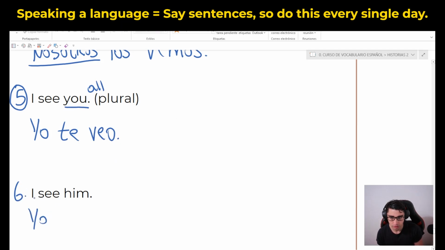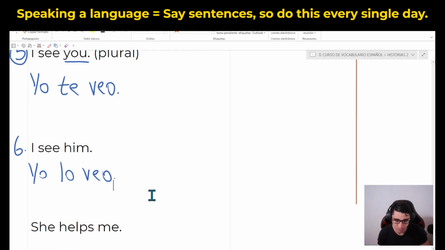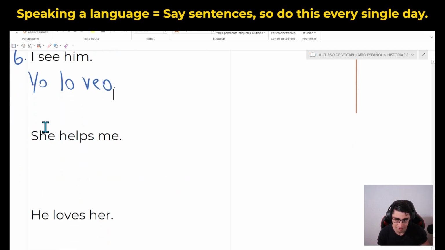Oración número 6. Yo, him is going to be lo veo. I promise you that after this course, you won't forget this one, okay? Although it takes time to make this faster, quickly, okay? ¿Cómo dices la oración número 7?